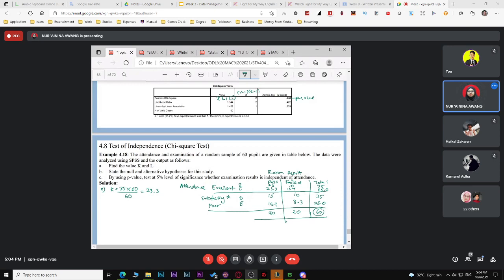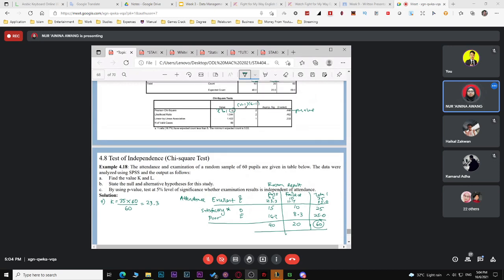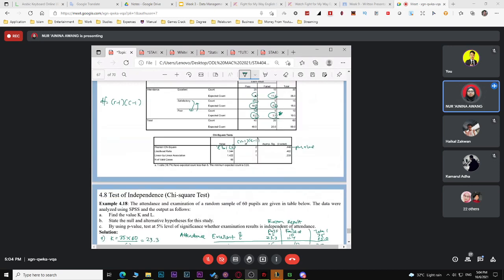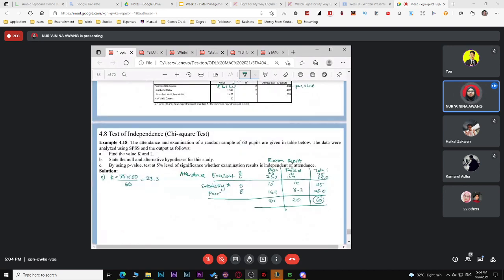Alright. So from 3 rows, 1, 2, 3, now you only have 2 rows, 1, 2. Okay, and your expected frequency now will be more than 5. Okay, 8.3, so there is no problem. Okay, then only you calculate your L. So to find your L, you just have 1, 2, 3, and 4. Okay, so how to find the value?